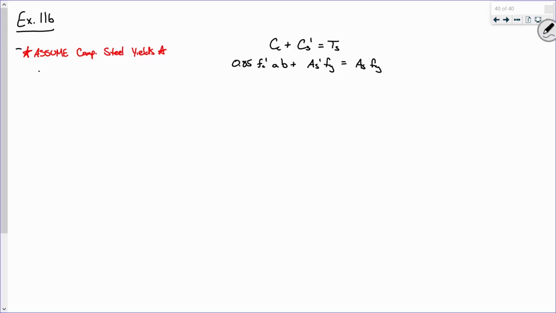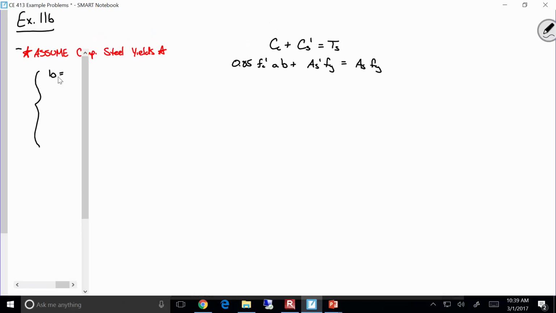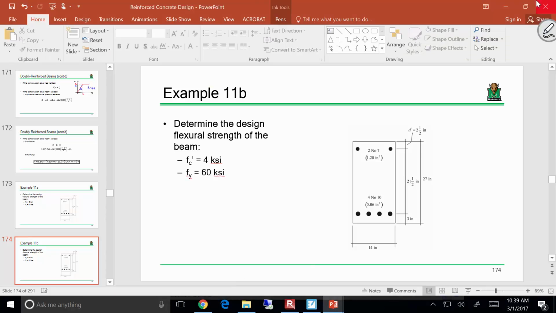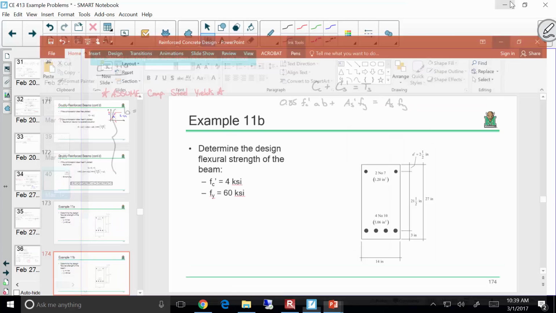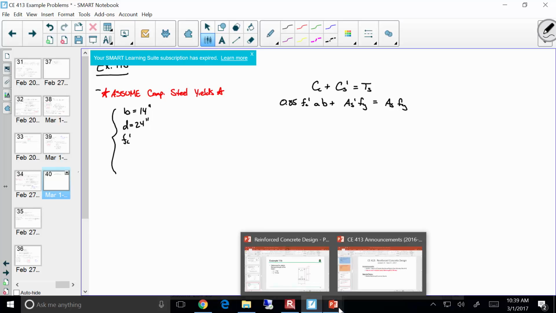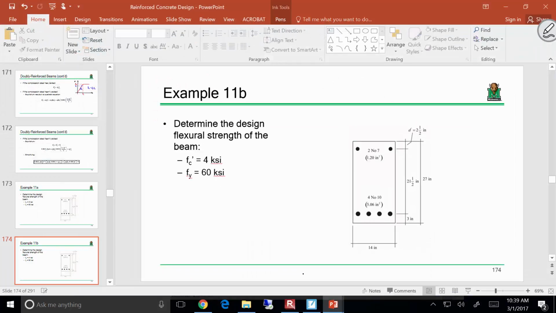So over here, B is, I think, hold on, let me go back to the slide. B is 14 inches, D is 24. No, that's a good question, but that's from steel to steel. From the top, that's that extra 2.5.